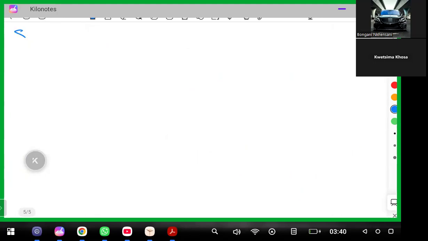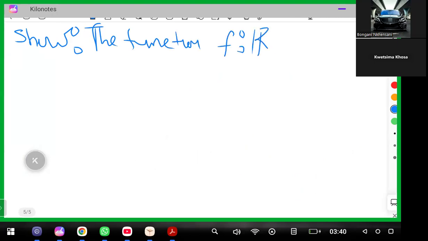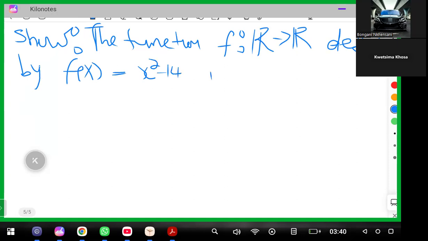Okay, so there was this question on the quiz. It was saying show that the function f, such that the real numbers map to the real numbers, defined by f of x equal to x squared plus 4, is not onto, or let's just say it's not surjective.